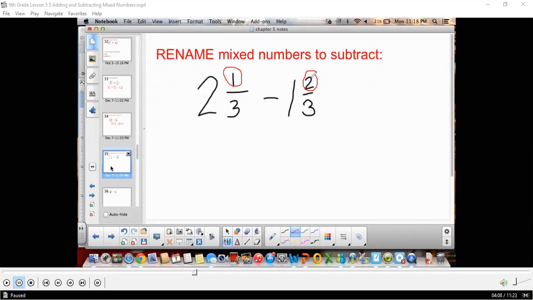So what we have to do is borrow 1 from 2, then 2 will be equal to 1. The 1 which it will give us should be, look at the denominator here, 3 over 3. Then now I have 4 over 3 minus 1 and 2 over 3.